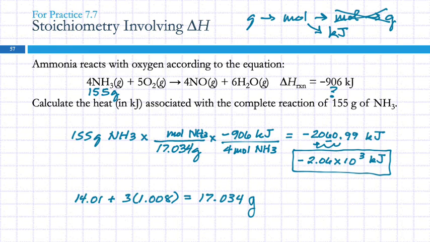You got a different number for what? Your kJ. 155 divided by 17.034 times 906. Doesn't change what you vote, but I'm just concerned because I haven't delivered it. Oh, when I did this on my calculator, I accidentally got another 3 after that.